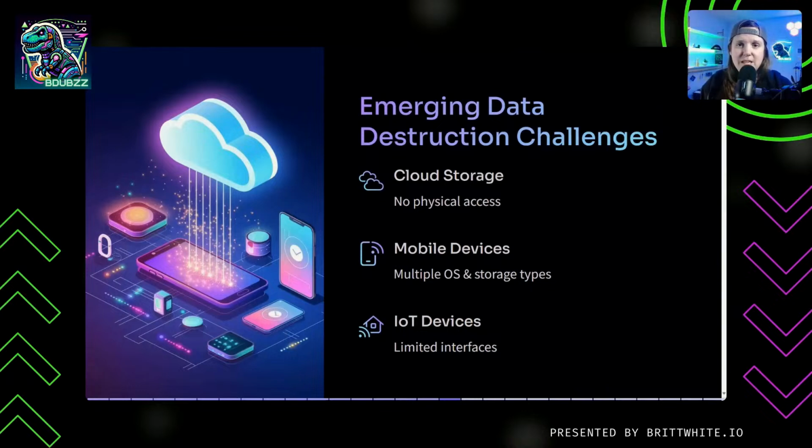And then we have IoT devices, which present their own challenge. Many of these devices have very limited interfaces. There's often no screen or keyboard. This can make it really difficult to perform secure data deletion on them. The key is to ensure your data destruction methods align with both your security requirements and the specific characteristics of the storage medium you're dealing with.